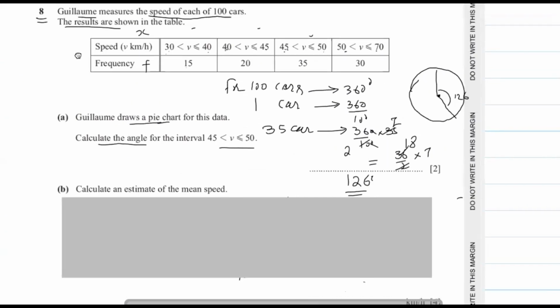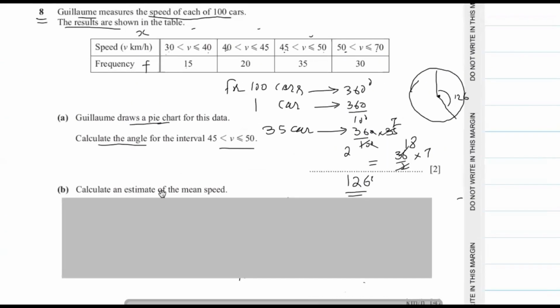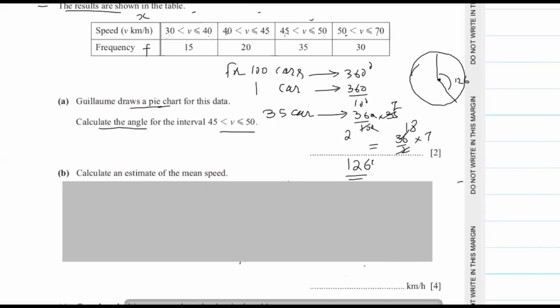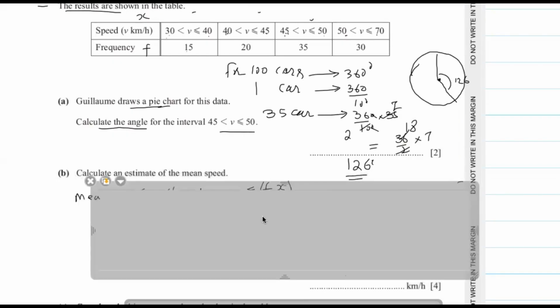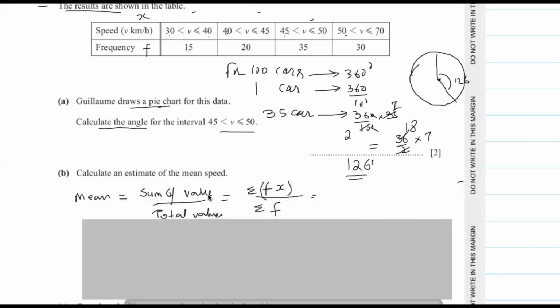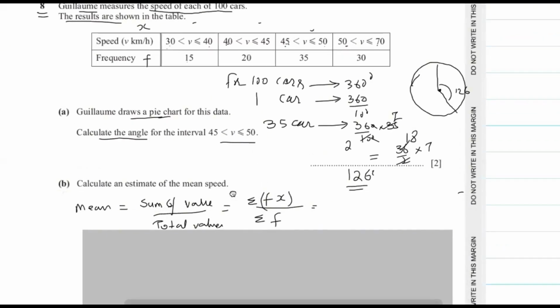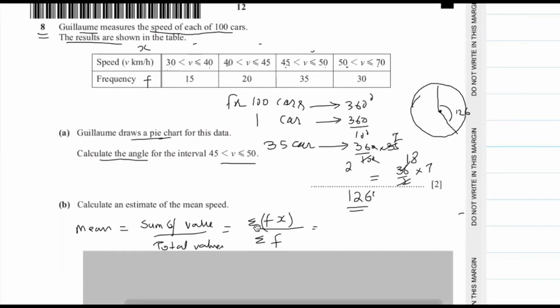In question 8, part B, calculate an estimate of the mean speed. The mean speed formula here is the sum of values divided by total number of values. The sum of values in grouped data will be equal to the sum of the product of f into x, divided by the total value, which is the sum of frequency.